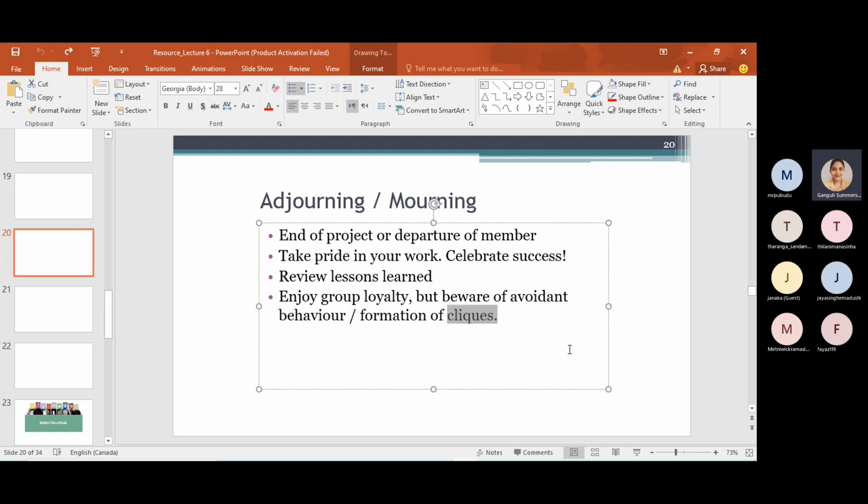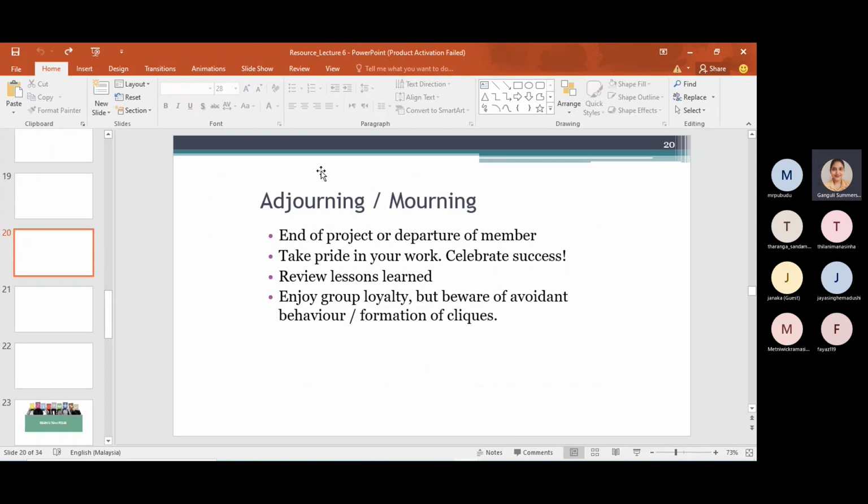People should not get into cliques and form small groups inside one whole group. That is not good, because you are one whole team, so you have to work as one whole team. Formation of cliques should be avoided.